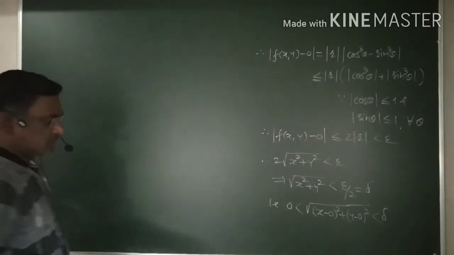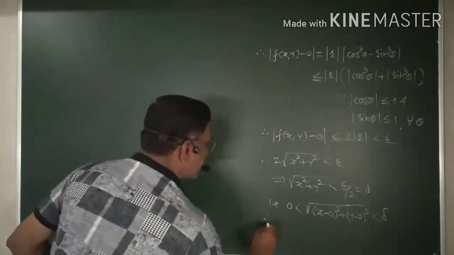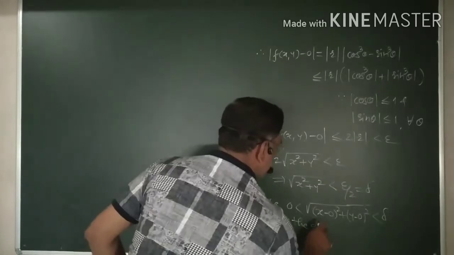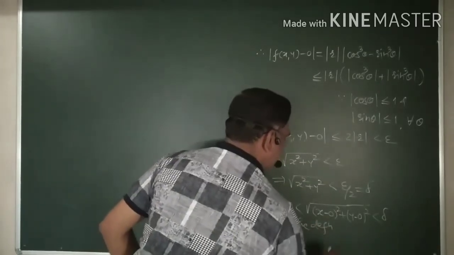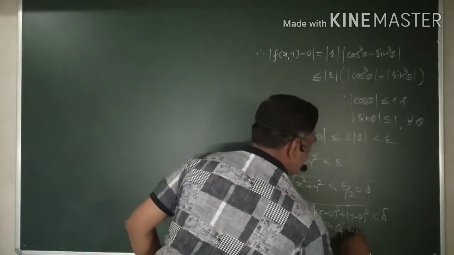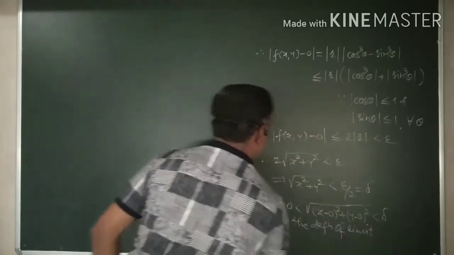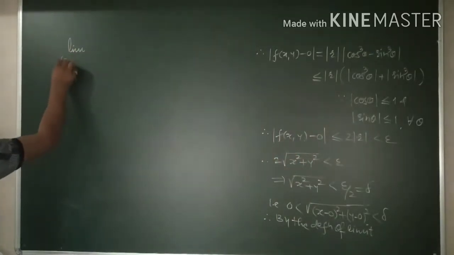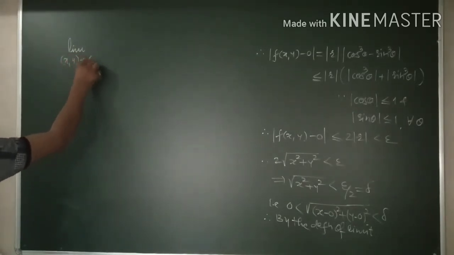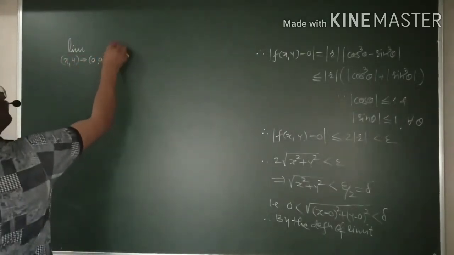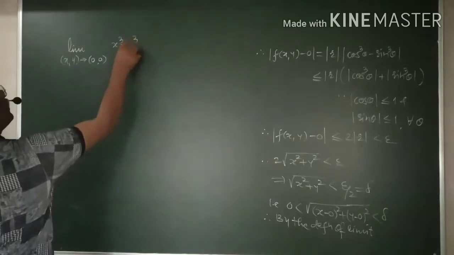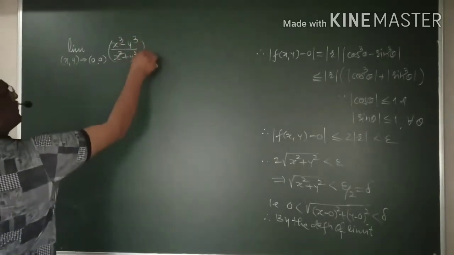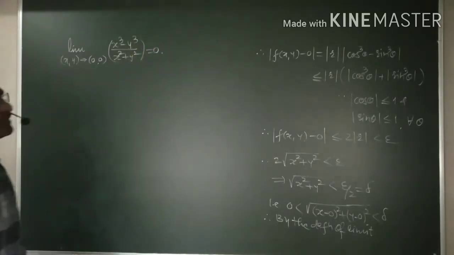Therefore, by the definition, the limit as (x, y) tends to (0, 0) of (x cube minus y cube) upon (x square plus y square) is equal to 0.